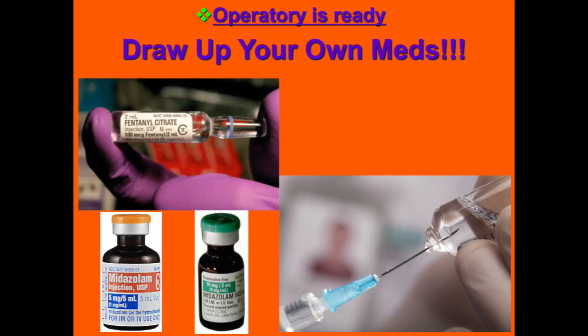And the practitioner should draw up their own meds, especially if they're scheduled medications. They need to be kept with the practitioner and drawn up by them so that they can see what they've drawn up and that there's no diversion done by any of the staff or any of the people working around these medications.